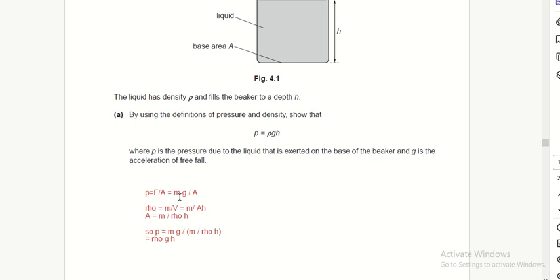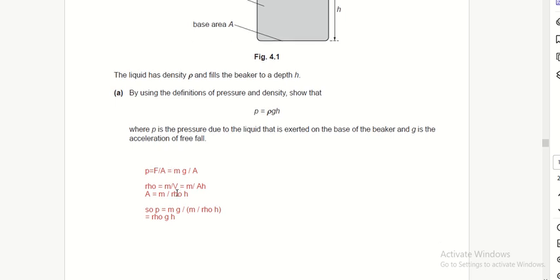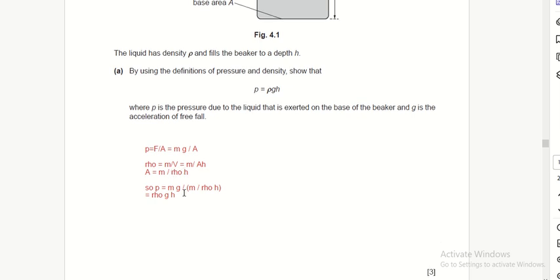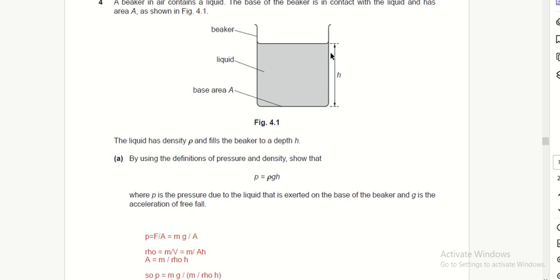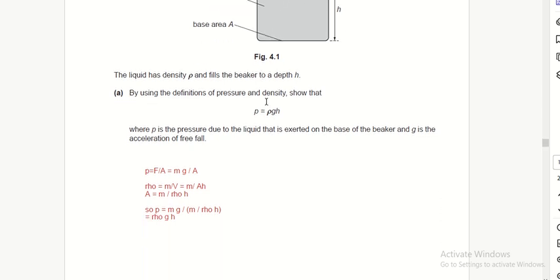Force is the mass times g, and the mass is given by rho times V, where rho equals mass over V. A is the cross-sectional area of the beaker, and h is the height, or the depth of the point under the surface of the liquid.